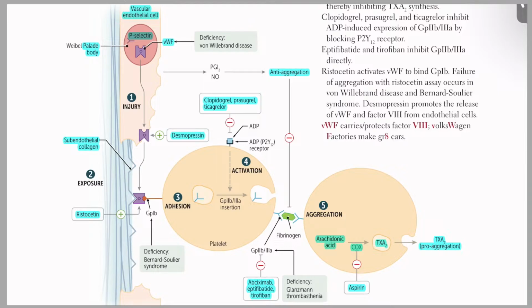If injury, it goes there, activated by desmopressin. Subendothelial collagen exposure, ristocetin forms complex. GP1B deficiency causes Bernard-Soulier syndrome.